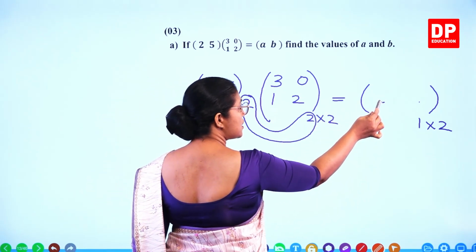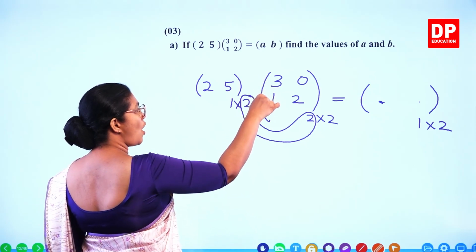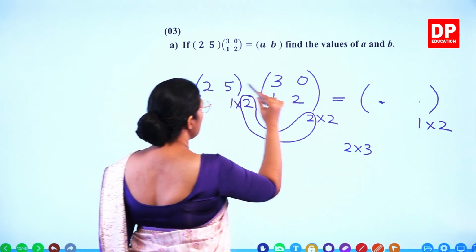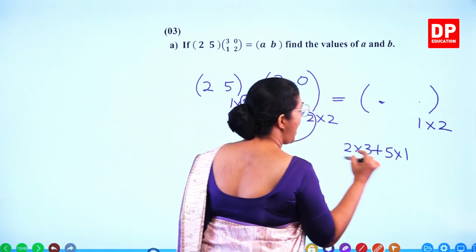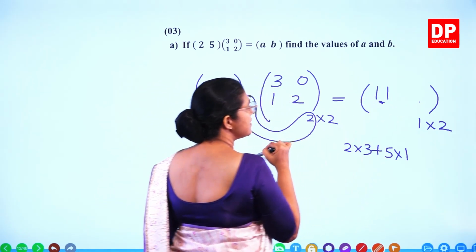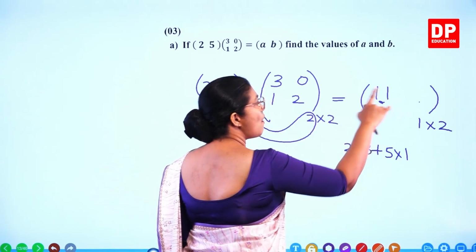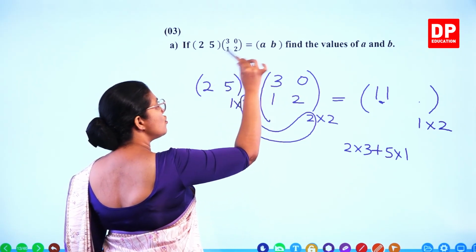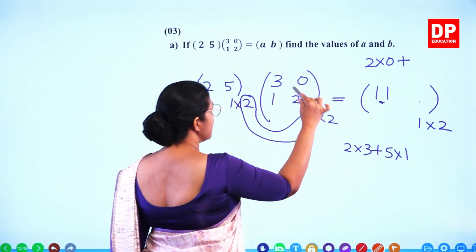To get the first row, first column value, you have to select the first row with first column. 2 times 3 and 5 times 1, multiply and add it. 6 plus 5, 11 is the answer for this one. For the other one, first row, second column. You have to take first row with the second column. 2 times 0 plus 5 times 2.